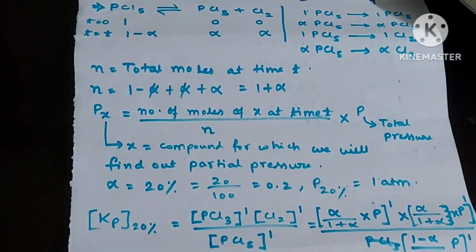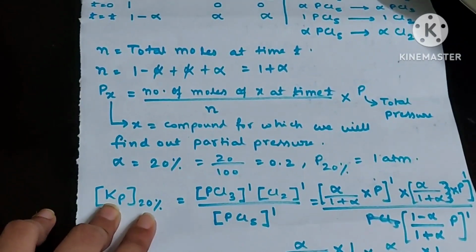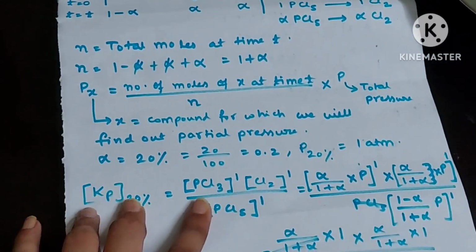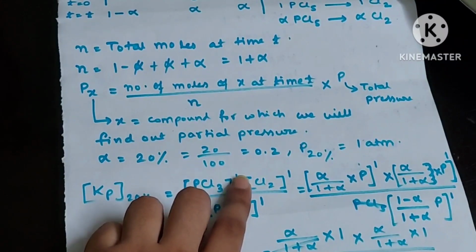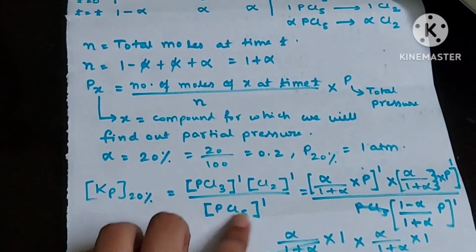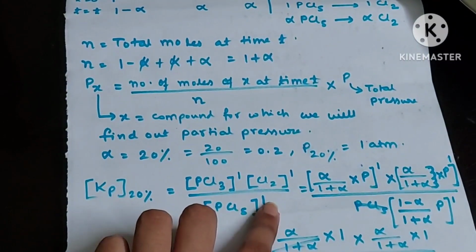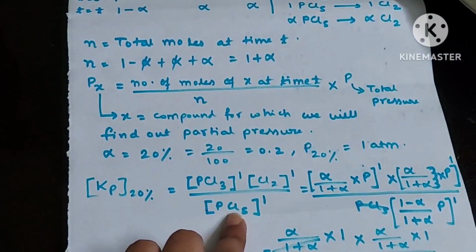Then we have written the formula of Kp. Kp at 20% dissociation is PCl3 to the power of its stoichiometric coefficient, Cl2 to the power of its stoichiometric coefficient, by PCl5 to the power of its stoichiometric coefficient. The products will be written in the numerator and the reactant in the denominator.